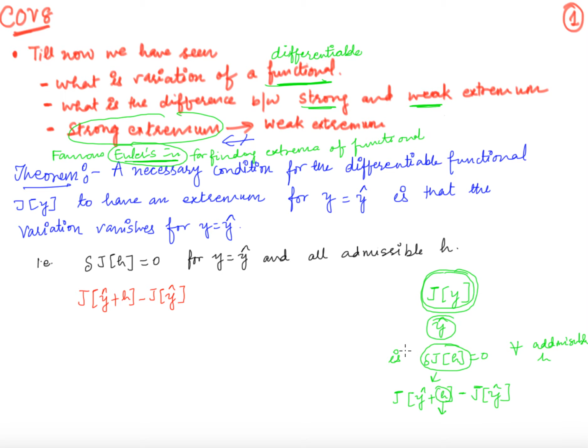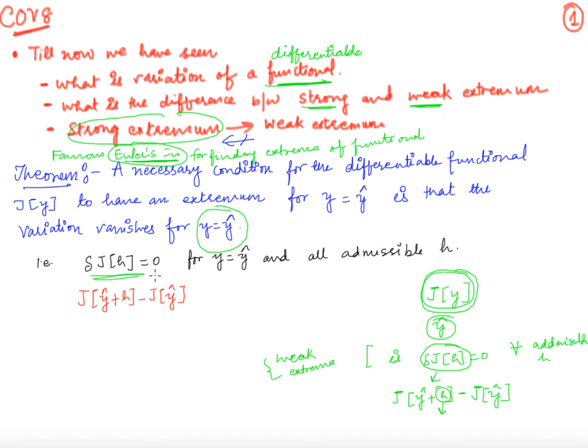And this is actually a condition for weak maxima. We will see in the proof that this is a condition for weak maxima or weak extrema, but we don't have to specify it. So this is a theorem that a necessary condition for a differentiable functional J of y to have an extremum for y equal to y tilde is that the variation should vanish for y equal to y tilde.